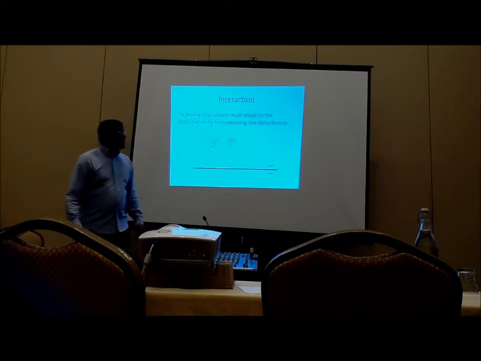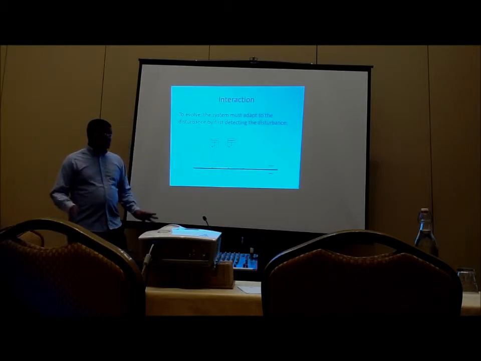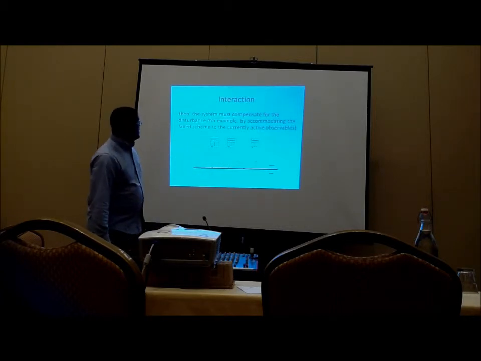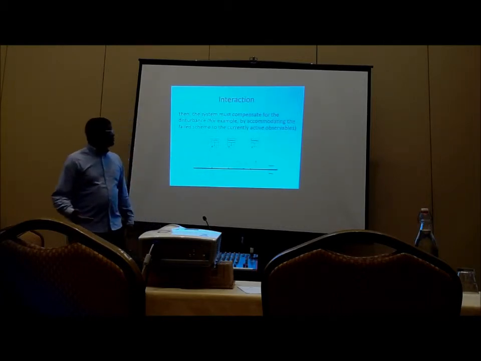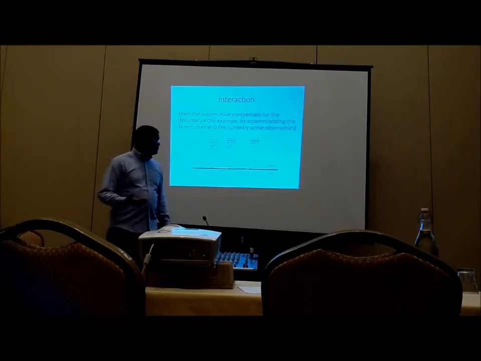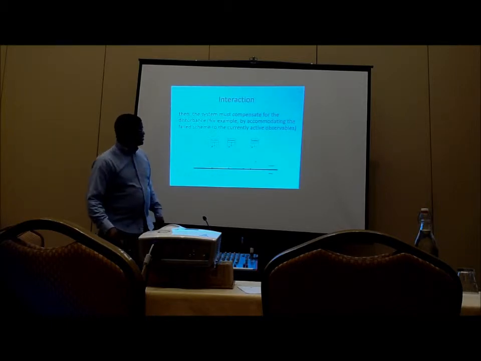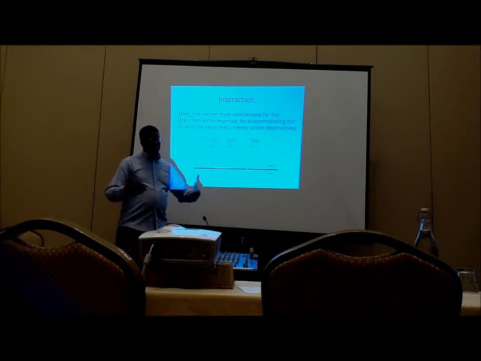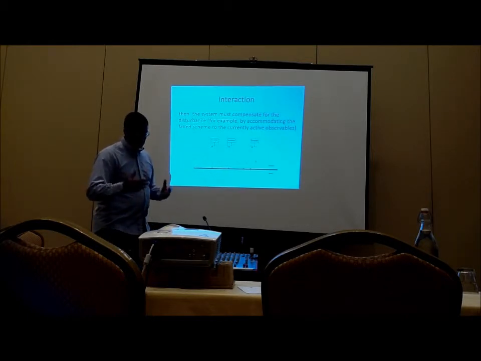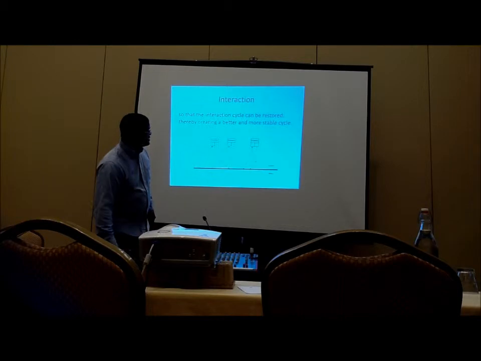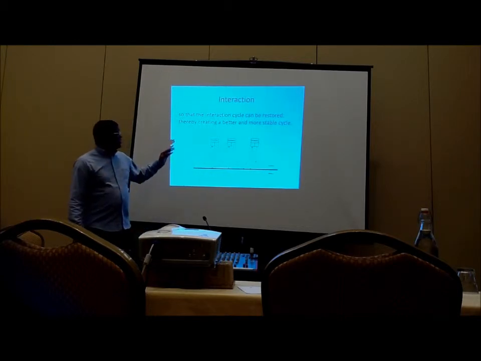To evolve the cycle, the system must adapt to the disturbance by detecting it, and then the system can compensate for the disturbance, possibly by saying, okay, we don't see B prime anymore, but we can use the B double prime, and we can synthesize a new internal element B2, and form a new scheme that will enable C. So this is, for example, when you have a concept, and it's not quite exactly what you thought it was, but you can synthesize something else to activate that concept, so that the interaction cycle can be restored, thereby creating a better and more stable cycle.